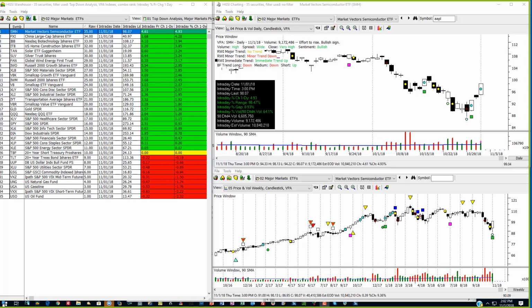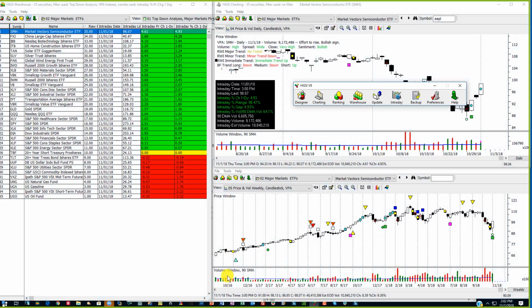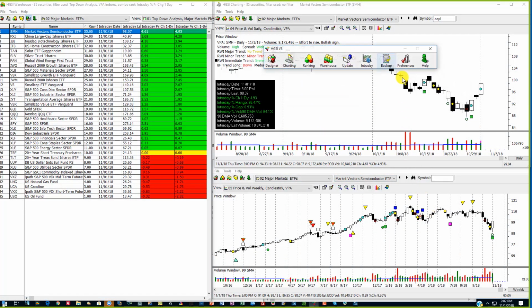And in addition to Thinkorswim, there are a couple of other data vendors. And let me just bring up my menu if I can locate it in this mess. I wish I had more screen area, but this is what I have to work with, so these charts are kind of scrunched together.